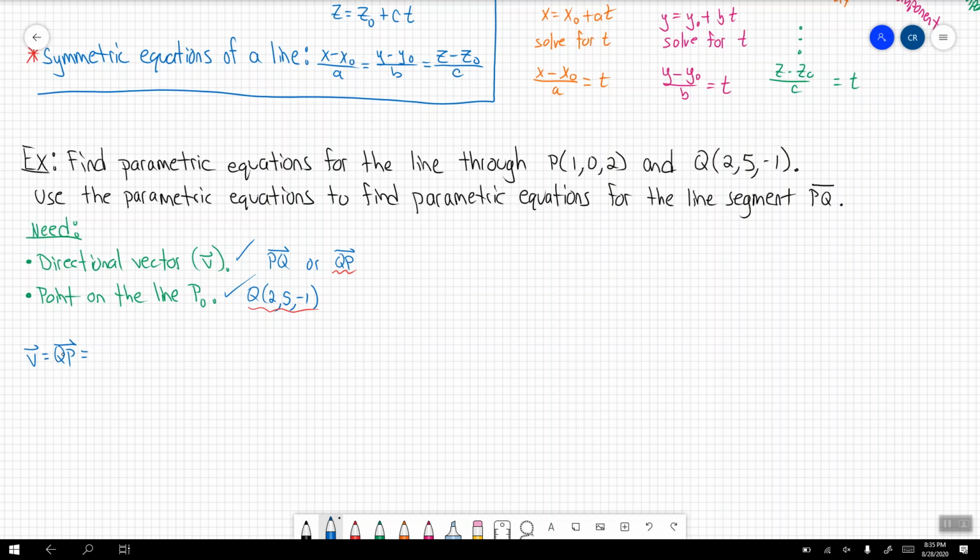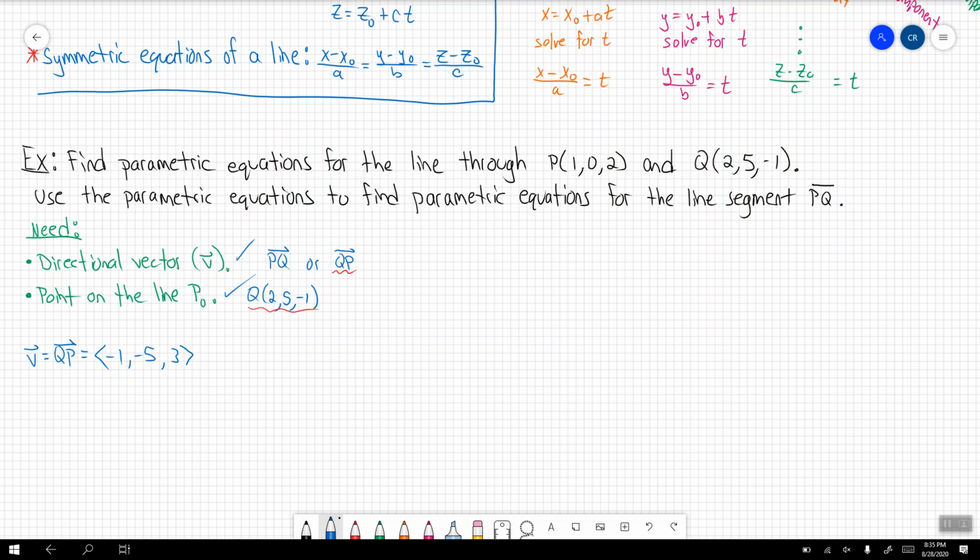Since the vector in question starts at point Q and ends at point P, I'm going to do every component in point P minus every component in point Q. In other words, the x component is going to be 1 minus 2, which is -1. The y component will then be 0 minus 5, which gets me -5. The next component will then be 2 minus -1, which will get me 3.